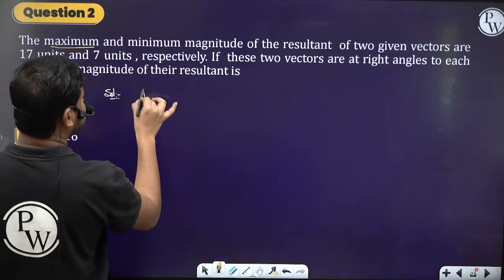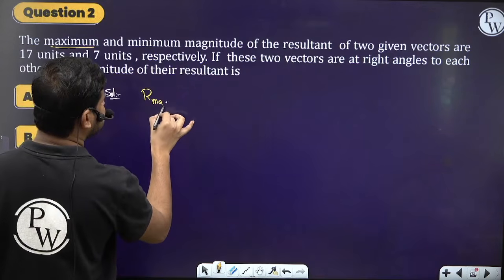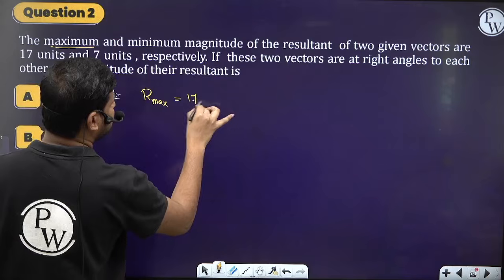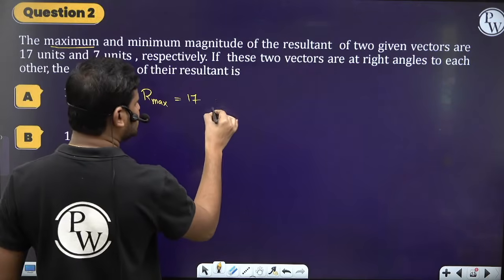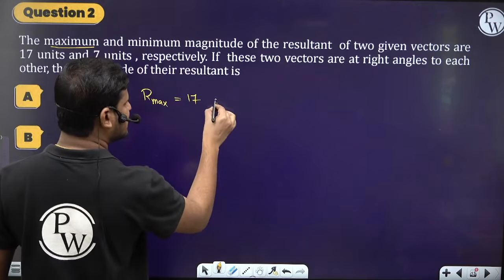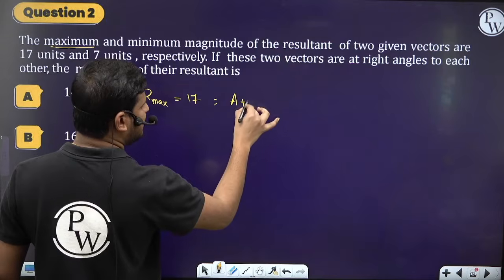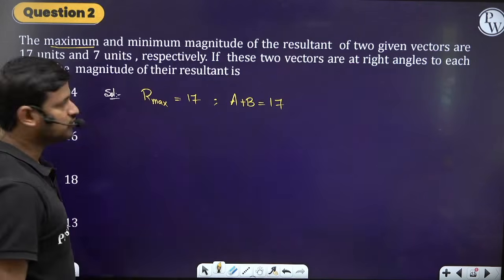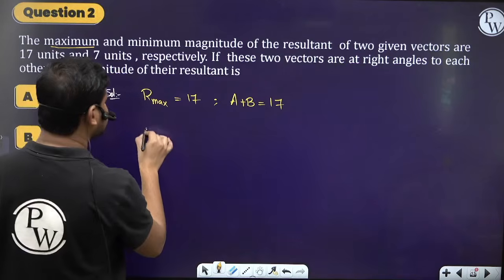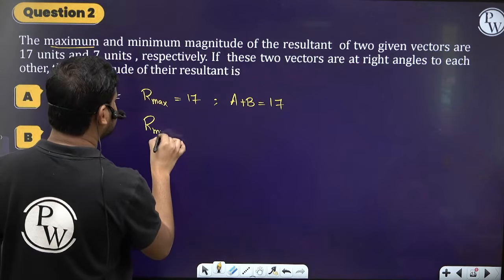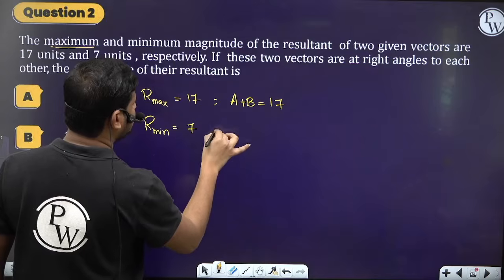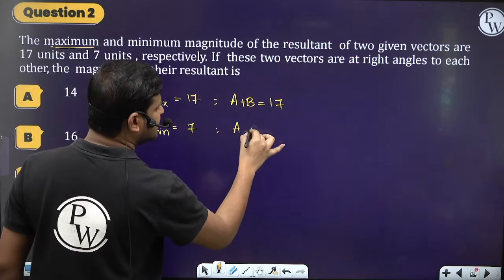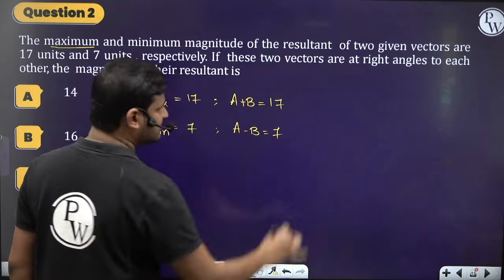R maximum is given, which is 17. Let's consider those two vectors are A and B. So simply I can say that A plus B is given as 17. Yes or no? And the minimum is 7 units. So the resultant minimum is going to be 7. The resultant minimum is A minus B, as we have just seen, which is 7.